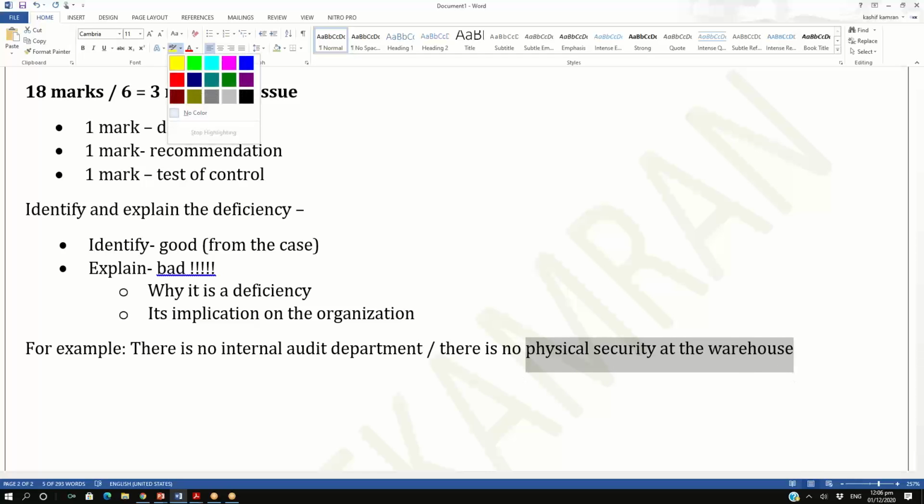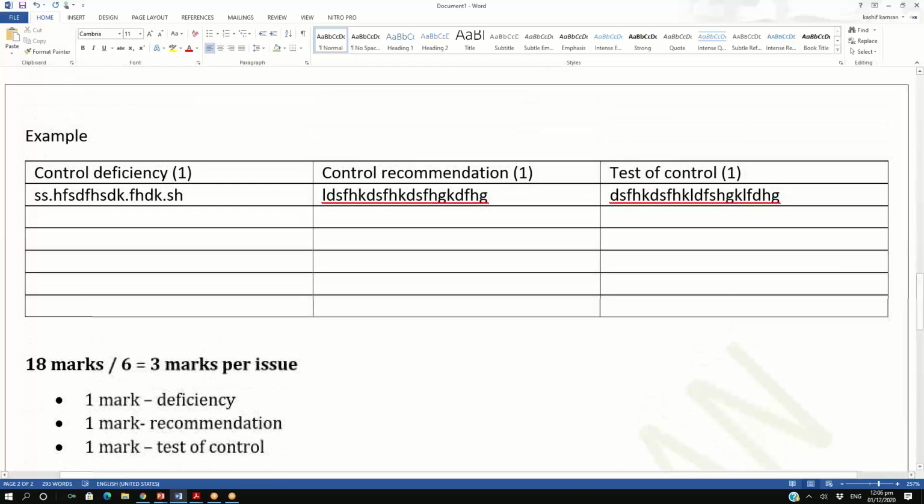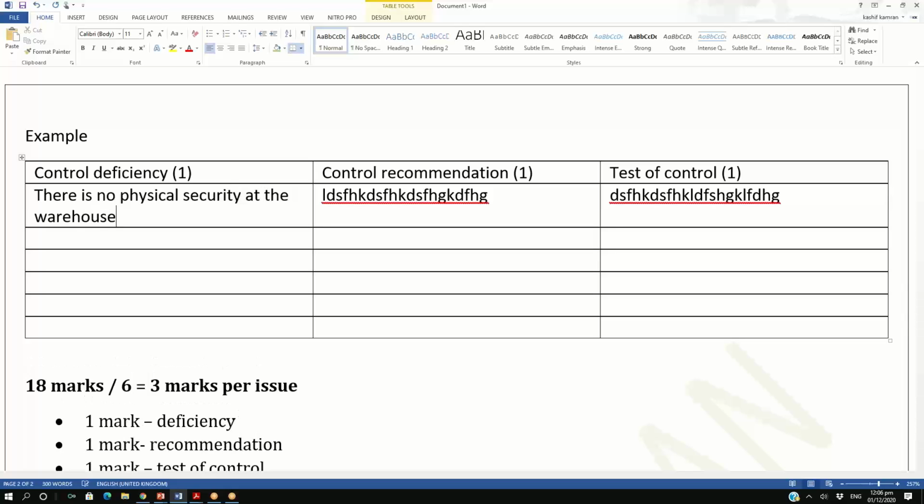Now see how I would develop my point. I will take it above here and I'll say there is no physical security at the warehouse. And I identified it, so straight away I get 0.5 marks. But now I need to explain why it is a deficiency.